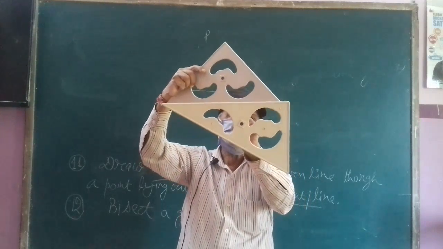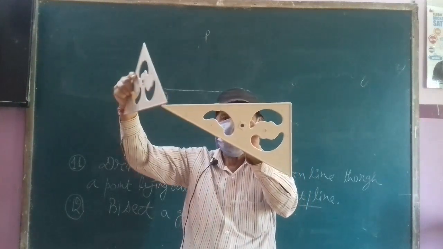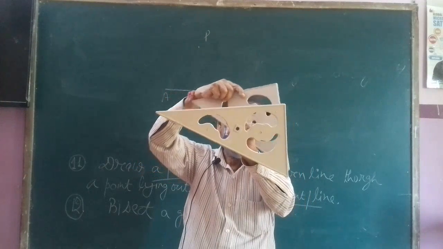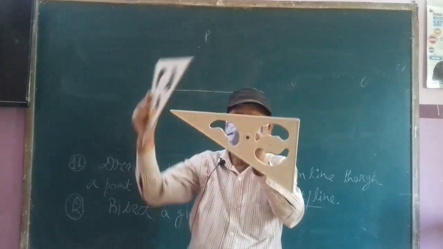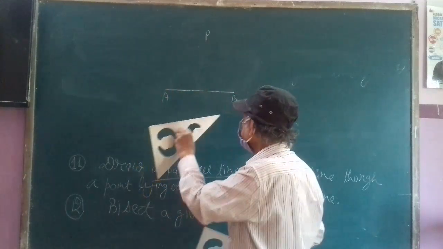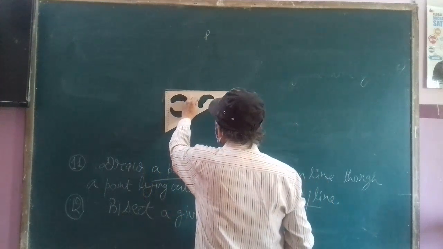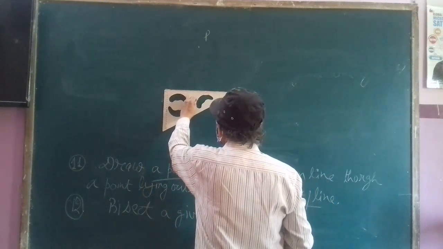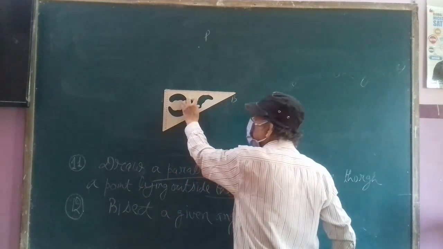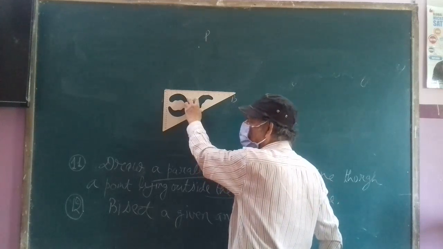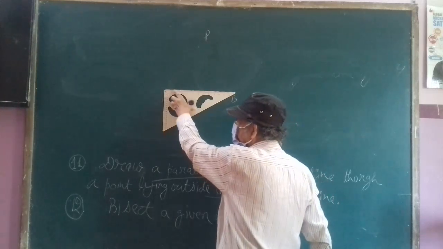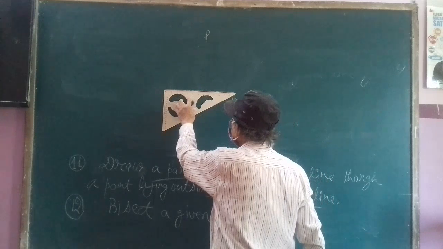Here, this angle is 90 degree. This is the longer side and this is the shorter side. So you have to do like this. Okay. You place the longer side of the 90 degree, this 90, along AB.